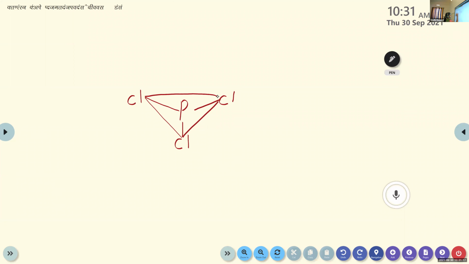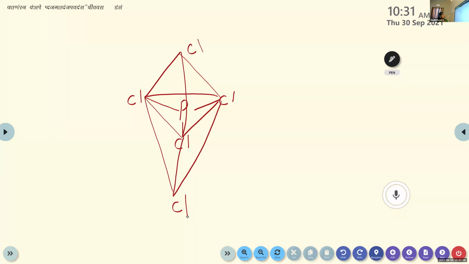Consider this board as one plane and 3 chlorine atoms are there in the board plane itself. And there will be one chlorine at the top portion of this plane, and there will be another chlorine atom at the bottom portion. Clear?